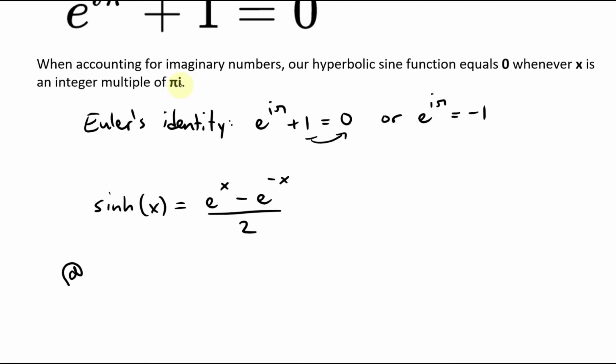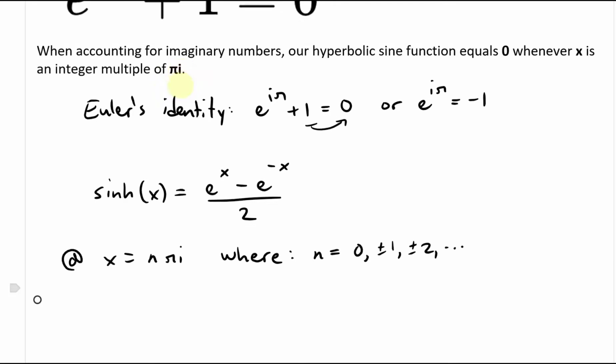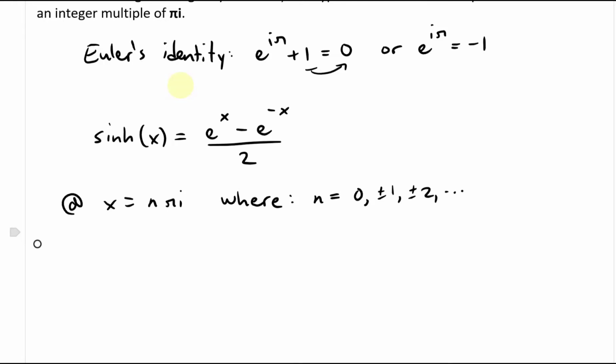At x equal to an integer multiple n times πi, where n is equal to 0, plus or minus 1, plus or minus 2, etc. These are just integer multiples, plus or minus integers, doesn't matter.